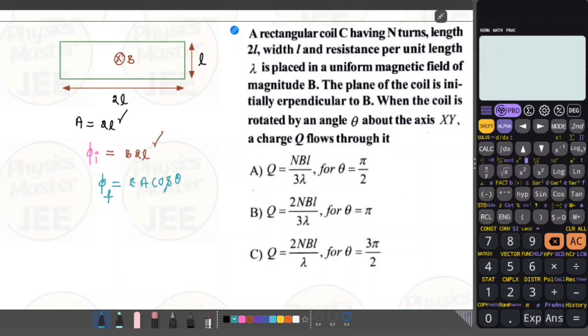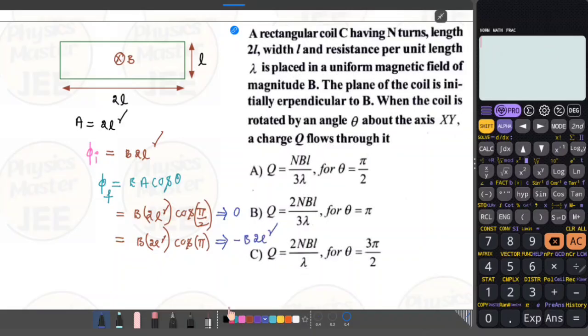Now let me find this final flux. First case: B into A, which is 2L square, into cos pi by 2, and cos pi by 2 is 0, so the total is 0. Second case, I take pi: B into 2L square into cos pi, and cos pi is minus 1, so this equals minus B into 2 L square.